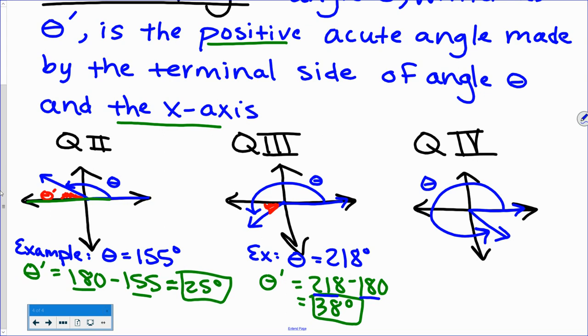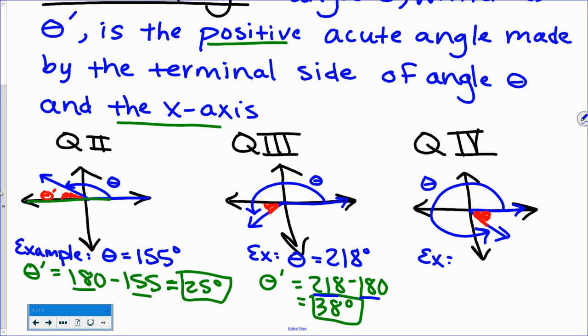All right, if I want the reference angle, that's the positive measure from the end of my ray back to the x-axis. Okay, all of these reference angles are where you would draw a right triangle, and then you could use SOHCAHTOA. All right, so that's what it's trying to get at, the importance of your reference angle.